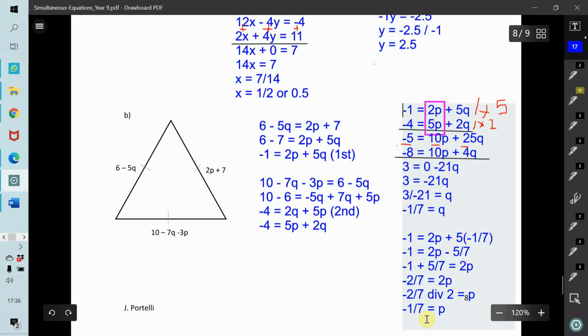So that becomes 47 on 7. And the other one, I mistakenly just removed it. It comes the same, 47 all over 7.